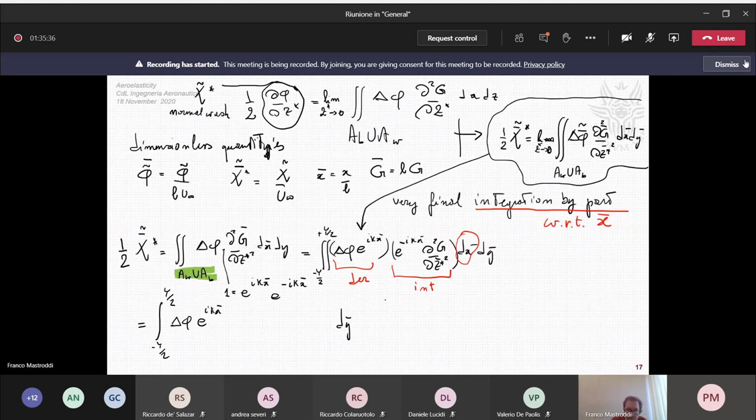I want to write the integral of this quantity in a formal way, and so I have plus infinity, which is an arbitrary constant, and this is the second edge of integration, like c, and I want to have e to the minus i k lambda times the second derivative of g with respect to zeta star, and I have here to integrate in d lambda.